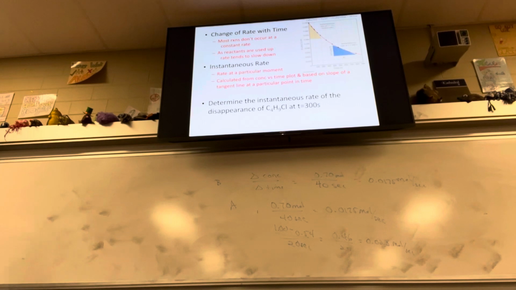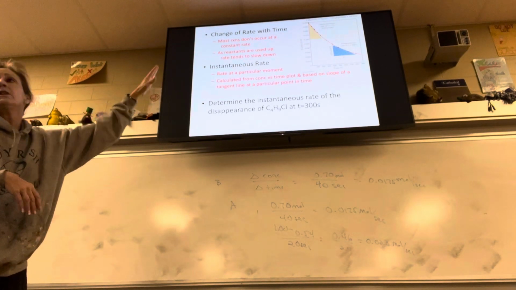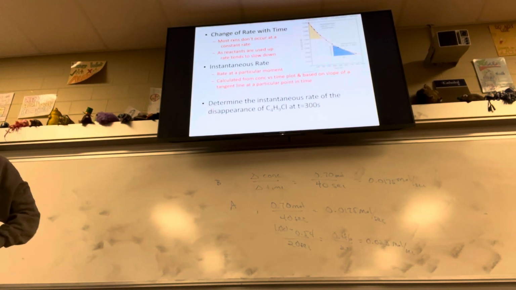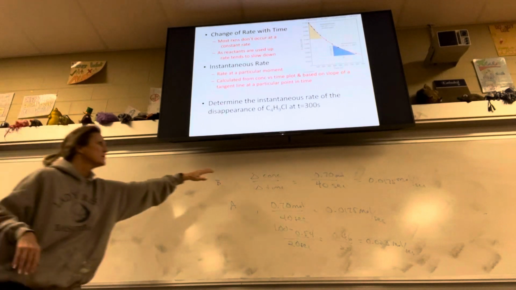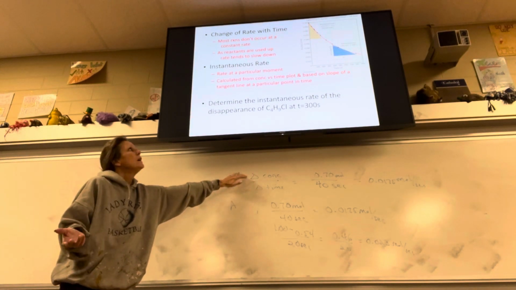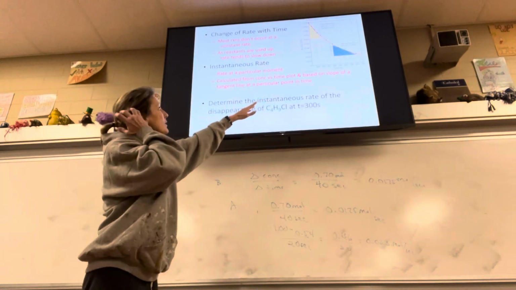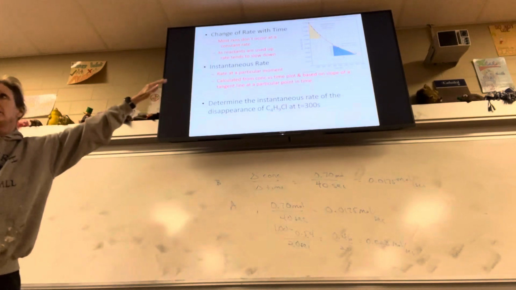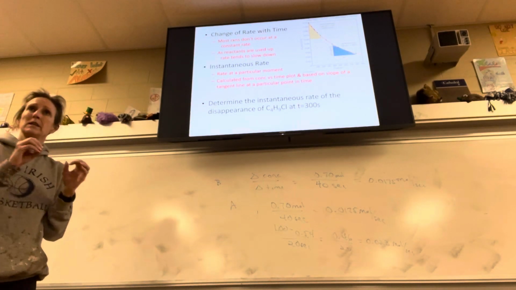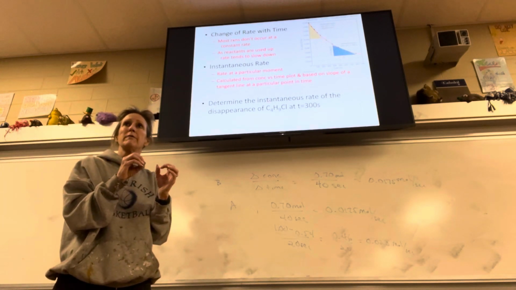And so that's where this graph comes in. What we do to come up with the instantaneous rate is we use a graph, and again, this is change in y over change in x. This is technically slope, and that's what we do on the graph as well. We draw a tangent line through the point that we're looking at, the instantaneous, that one particular moment in time that we're trying to calculate the rate for.